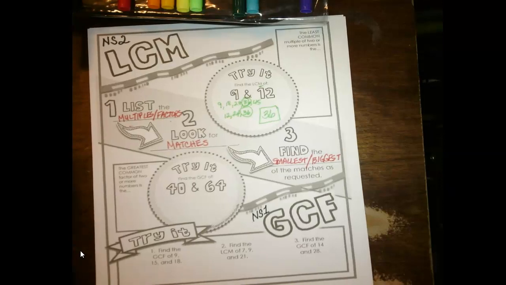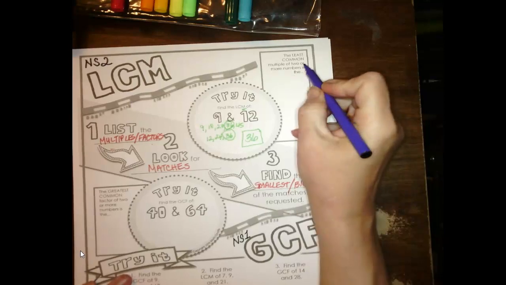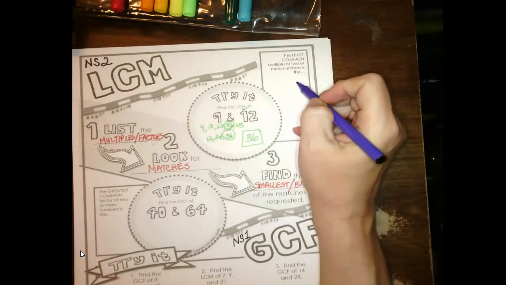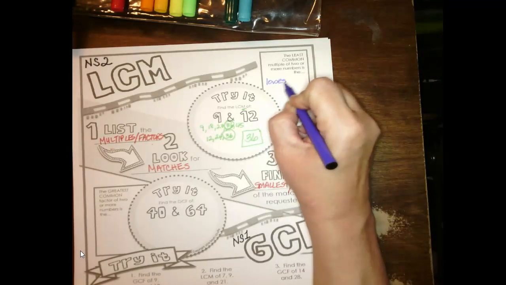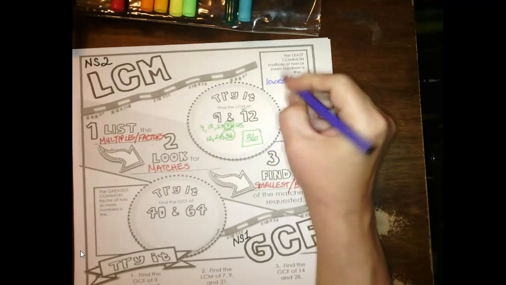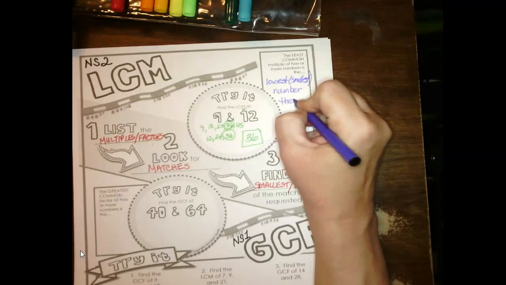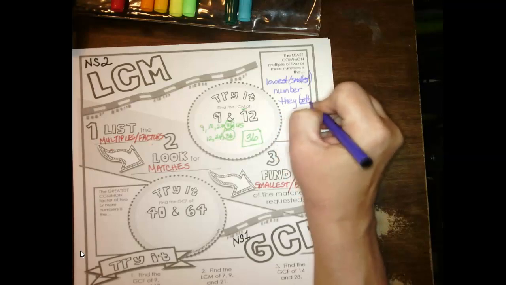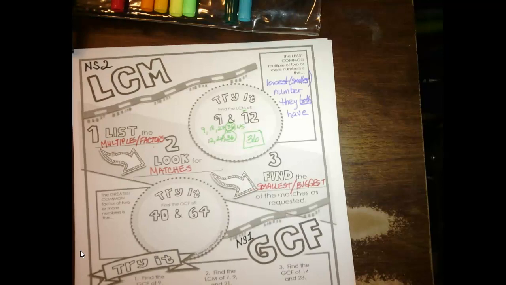All right, and we're going to remember that the least common multiple of 2 or more numbers is the lowest or smallest number that they both have. Okay, so the smallest number they had was 36. That's how we got our answer.